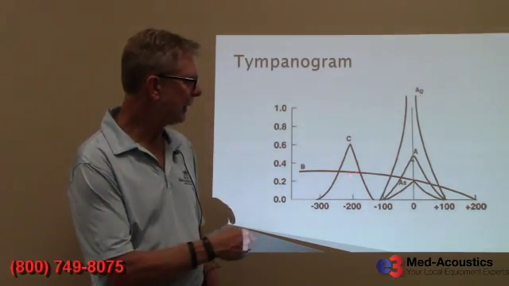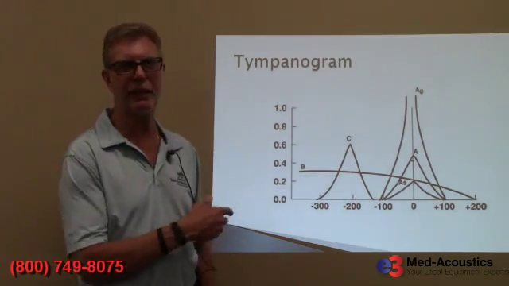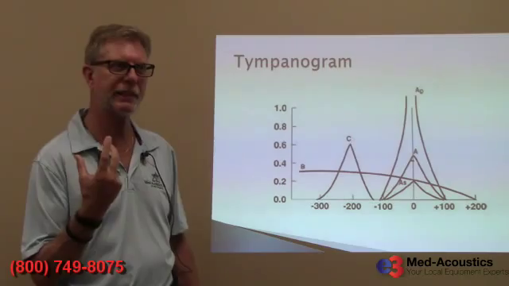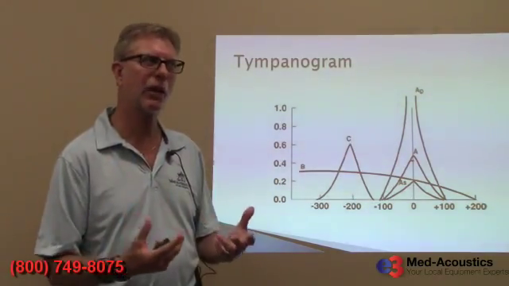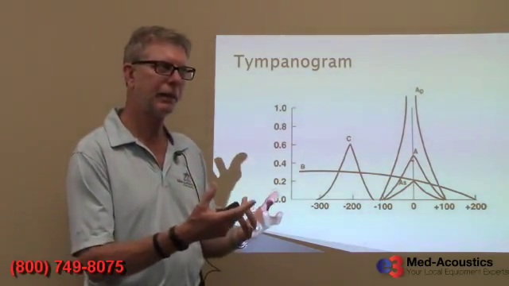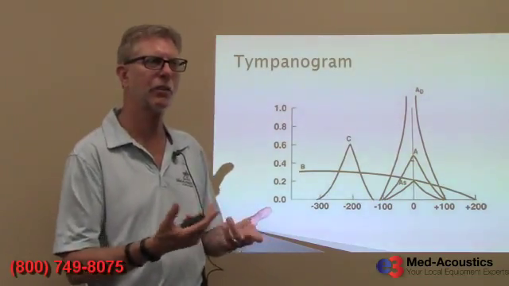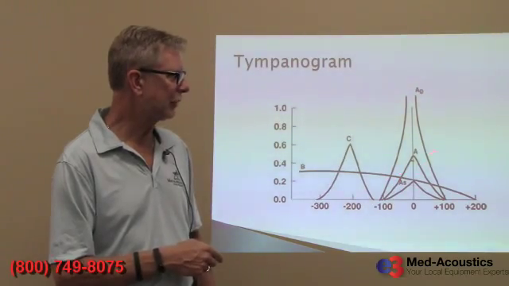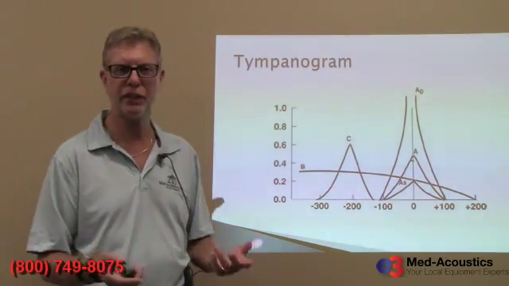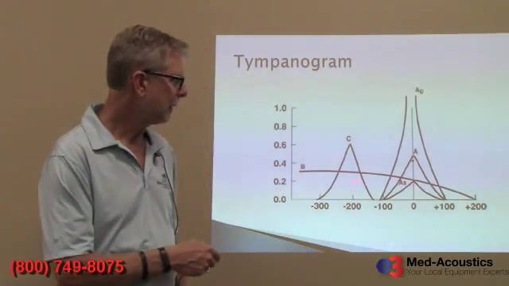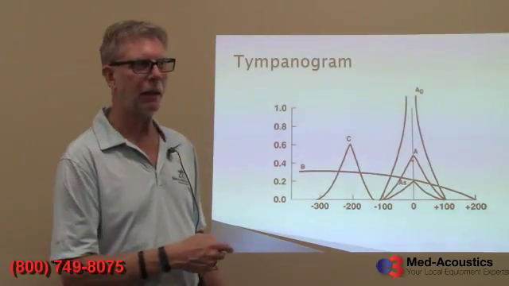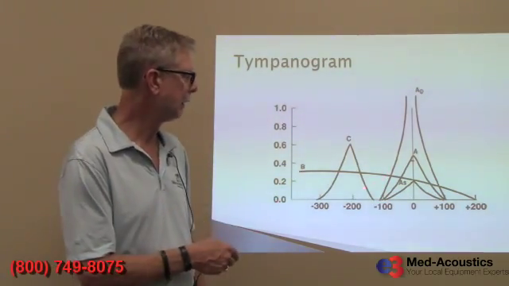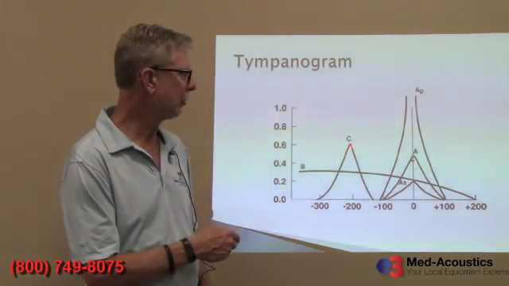However, the peak is out here in the negative area, which shows that the Eustachian tube isn't working right to vent the ear and equalize the pressure in the ear canal, which would be ambient pressure, and the pressure in the middle ear. And of course, you have pathologies that are associated with each one of these that are not normal. The type B is generally otitis media, an infection of the middle ear causing fluid in the middle ear. C is a Eustachian tube that's not working.